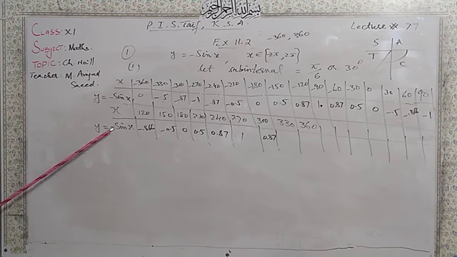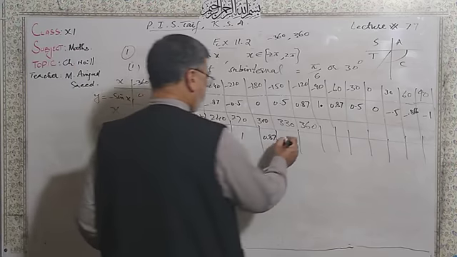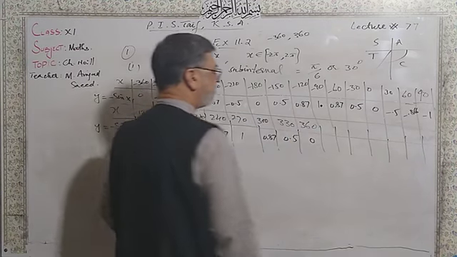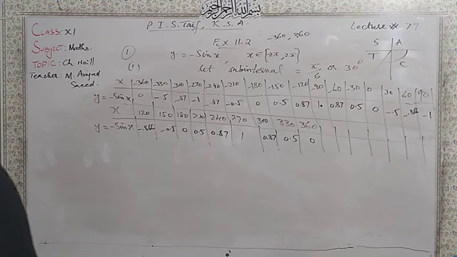But the minus here is outside, so minus minus plus. Here is 0.5 and 0. Dear students, this is the table of values for the sine function.